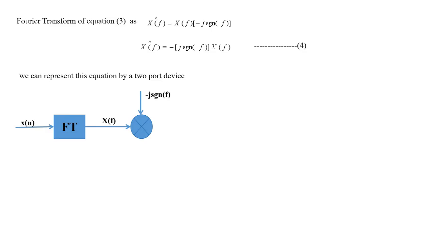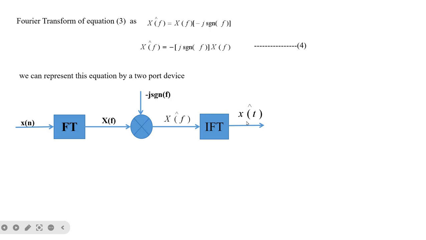Now we will multiply this with minus j signum function of f, in order to obtain the Hilbert transform of X of f. Now in order to get x cap of t, we will apply the inverse Fourier transform, and we'll get x cap of t, that is the Hilbert transform.